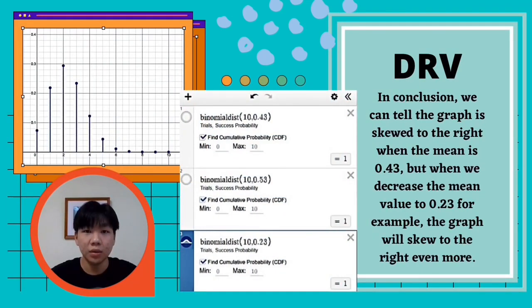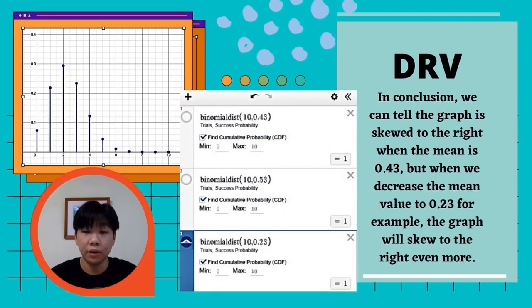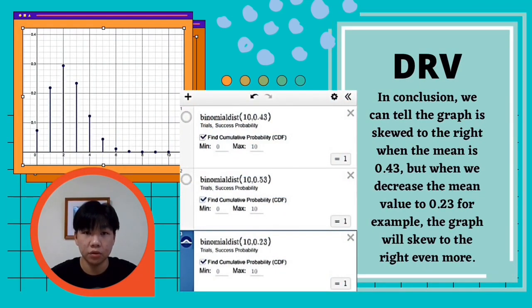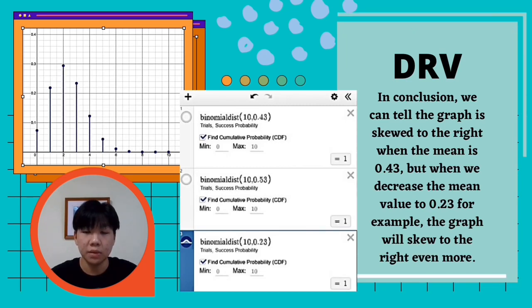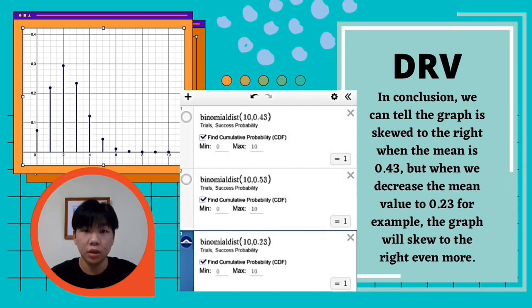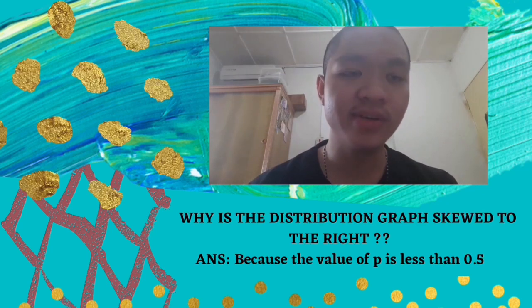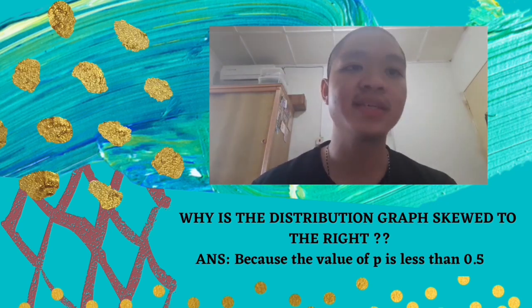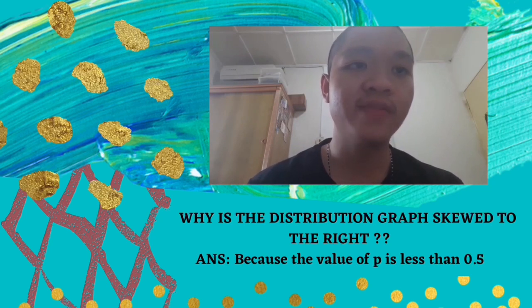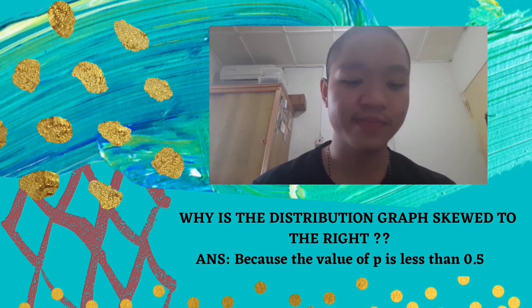In conclusion, we can tell the graph is skewed to the right and the mean is 0.43. But when we decrease the mean value to 0.23, for example, the graph will skew to the right even more. So the add-on question, why is the distribution of the graph skewed to the right? Well, it is because our probability of getting the success P is less than 0.5.